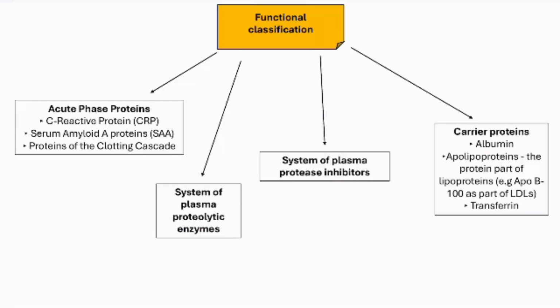Lipoproteins help carry TAGs, cholesterol, phospholipids, and so on, as you will learn in biochem. And if you're wondering what LDL stands for, it's low density lipoproteins. There are many classes of lipoproteins, as you will see, and this is one of them. And then you have transferrin, which acts as a transporting protein for iron. And yeah, that's the functional classification.